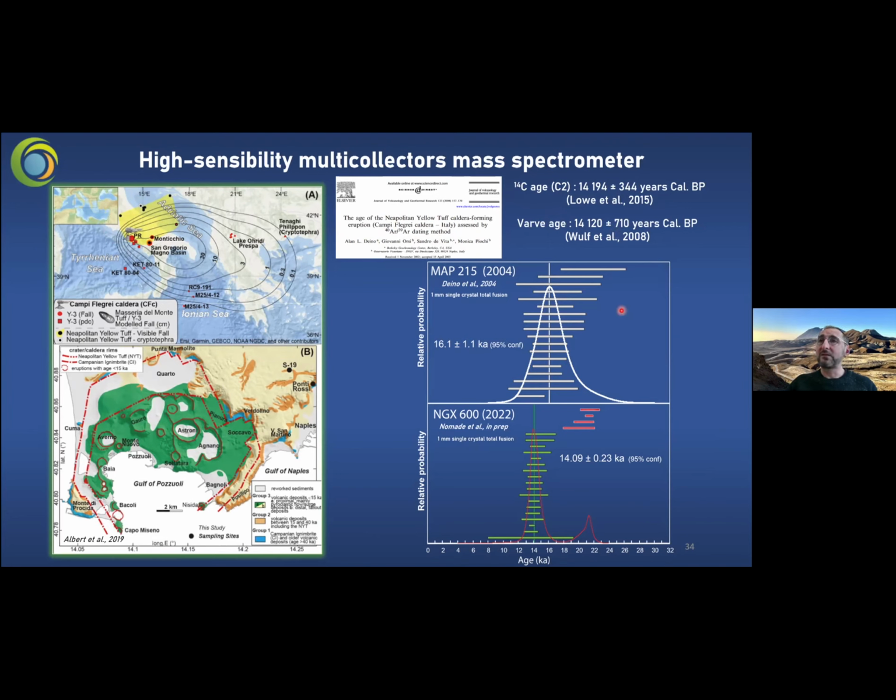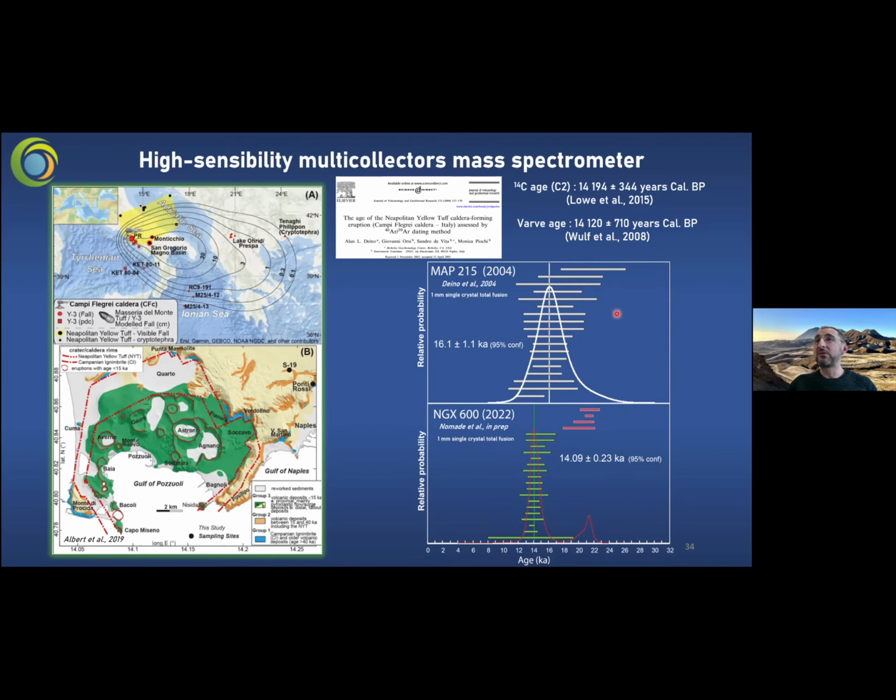This is what was produced using single collector analog detectors in 2004. These are single crystal, 1 millimeter measurements. And at the time, you could see that you have an error which is relatively good, but we do the same sample with our machine, same grain size. You could see that this was made of two populations of crystals, one at 20,000 and one which is at the expected age for this Neapolitan Yellow Tuff.